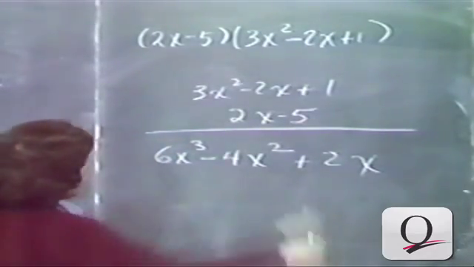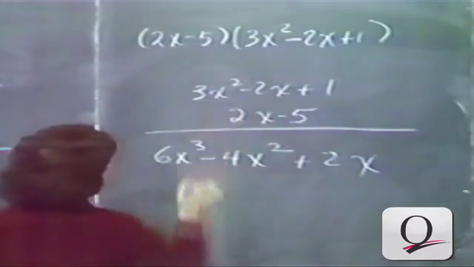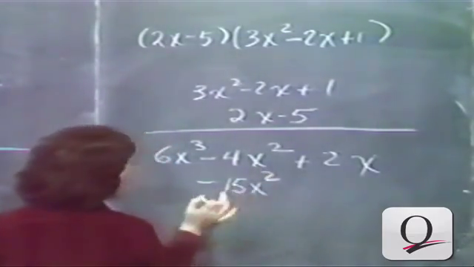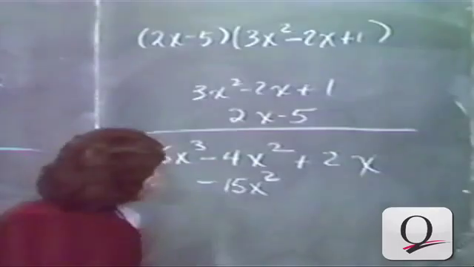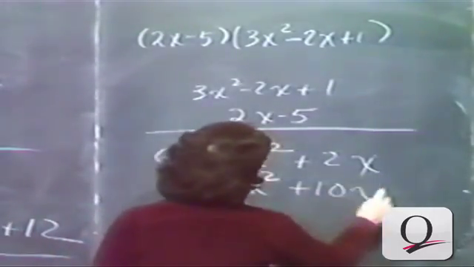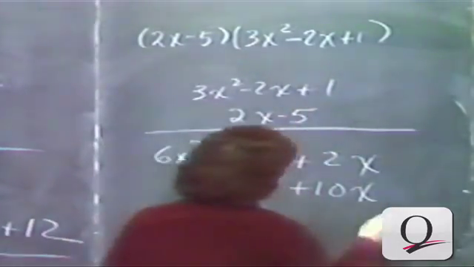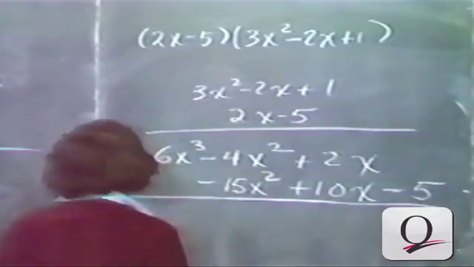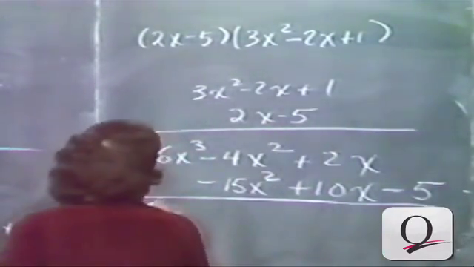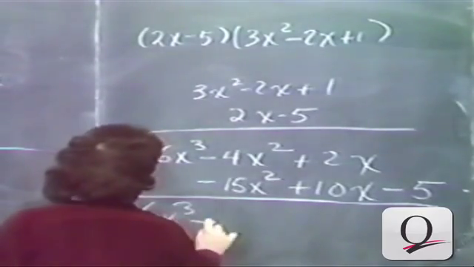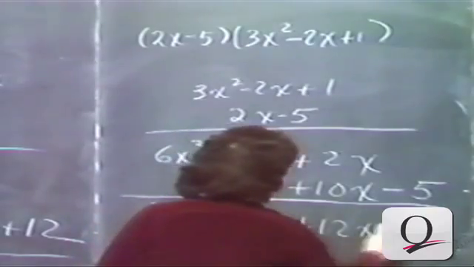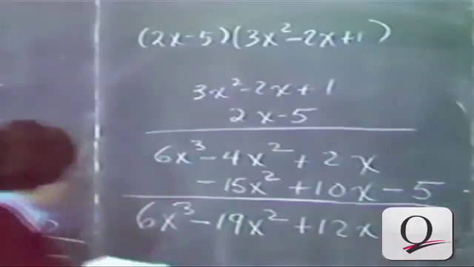Then, minus 5 times 3x squared gives you minus 15x squared, which I'll place here. Minus 5 times minus 2x gives you plus 10x. Minus 5 times plus 1 gives you minus 5. Adding up the like terms, we get 6x cubed minus 19x squared plus 12x minus 5.